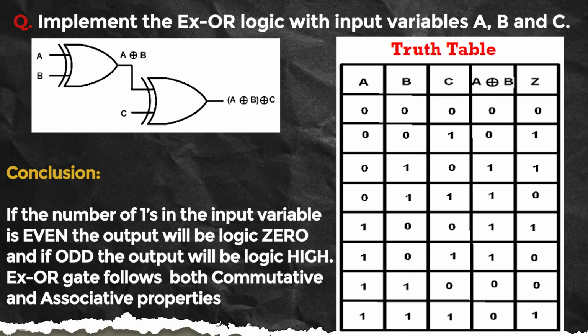Therefore, you can use the exclusive OR gate as an odd parity generator for parity error correction and detecting codes. So we can conclude that if the number of ones in the input variables is even, the output will be logic 0, and if odd, the output will be logic high. We can also say that the exclusive OR gate follows both the commutative and associative laws.